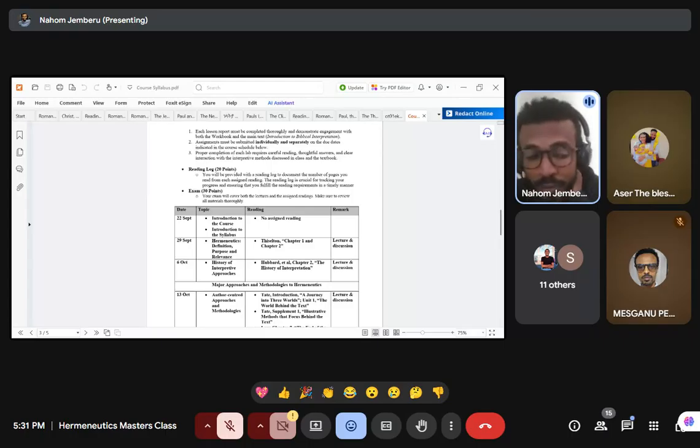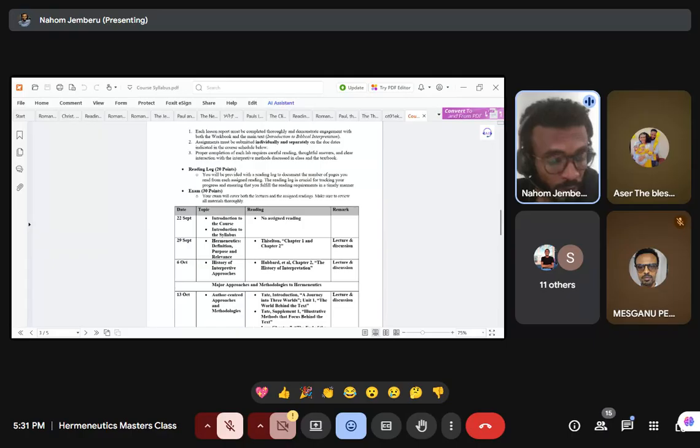As I've already said, this particular assessment is based on trust. I trust you to be truthful and to read the assigned readings, and I will collect the reading log at the end of the semester. So I encourage you to start reading. It's very, very important that you read.